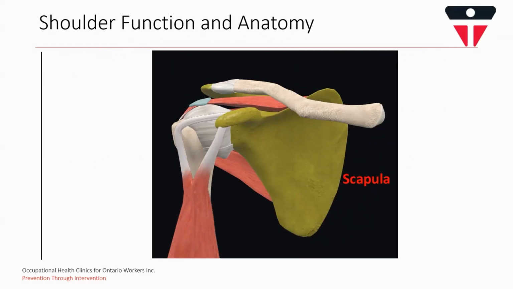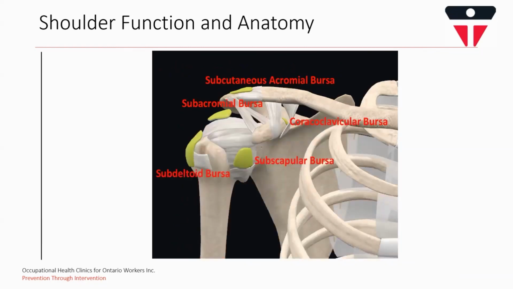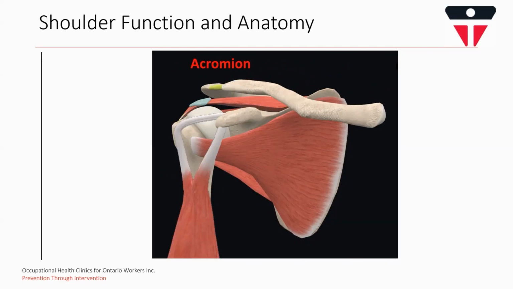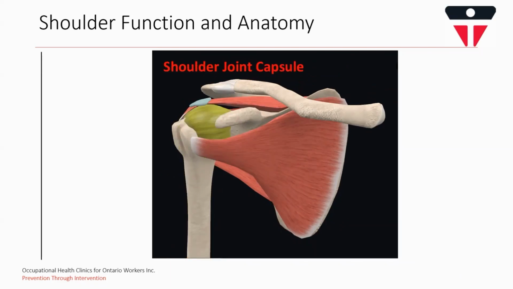It's comprised of the scapula, the clavicle or collarbone, the acromioclavicular ligament that links the acromion and the clavicle, the subacromial bursa, as well as the other number of bursa that comprise the shoulder, the supraspinatus muscle, the acromion, the biceps brachii muscle, the shoulder joint capsule, which is comprised of the head of the humerus.